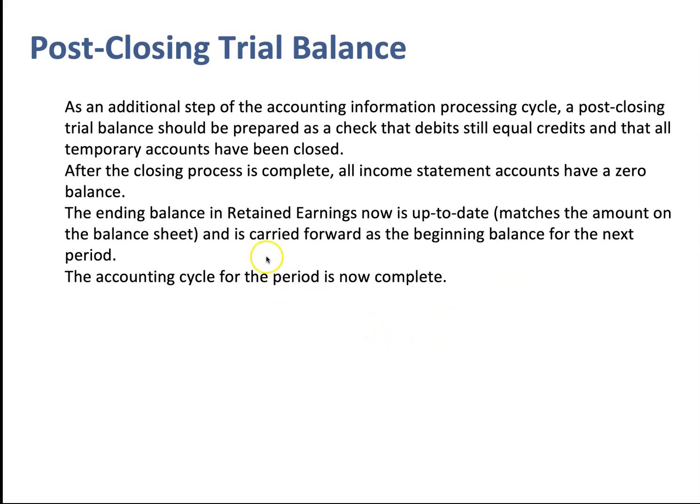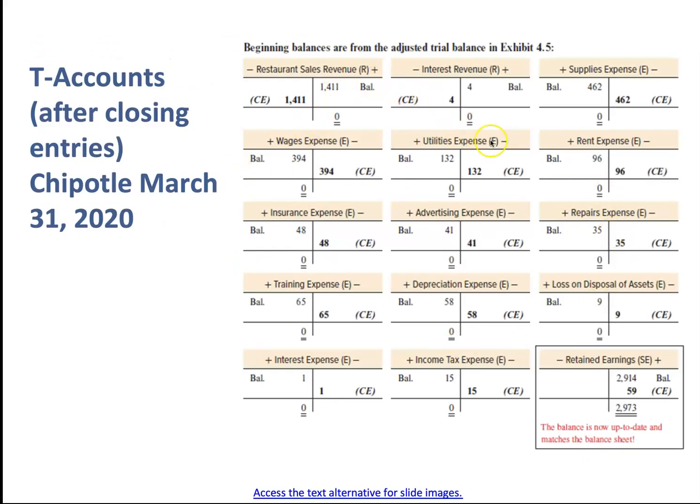In this post-closing trial balance, guess what are the balances of the revenues and expenses? Yes, you got it. The post-closing trial balance would not have any revenue and expense accounts because after closing, revenues and expenses all go to 0.